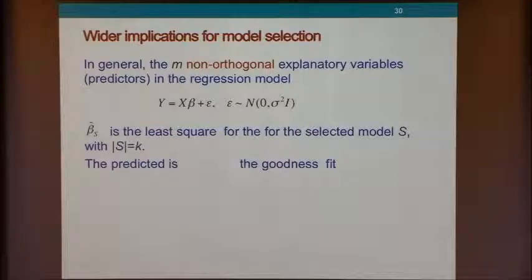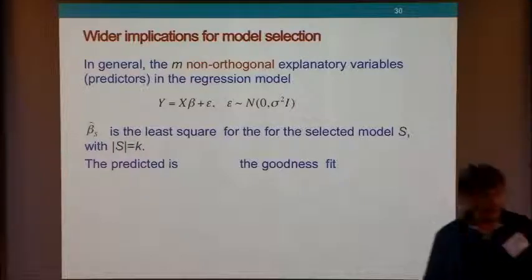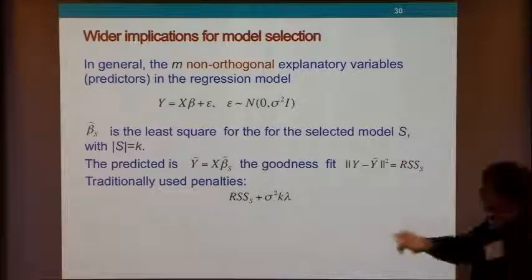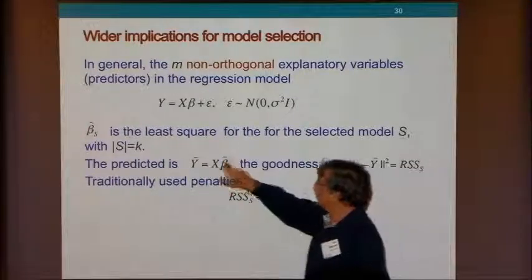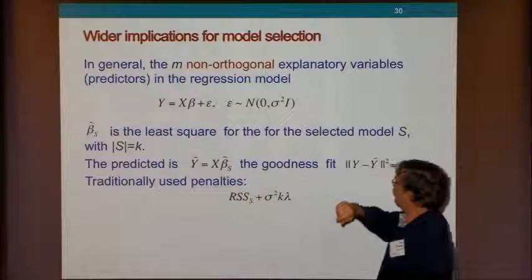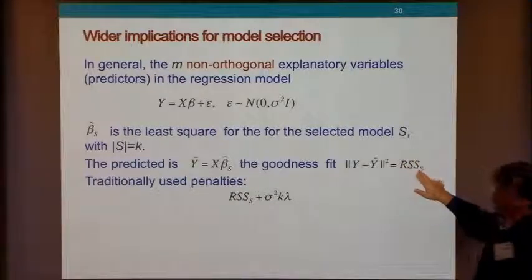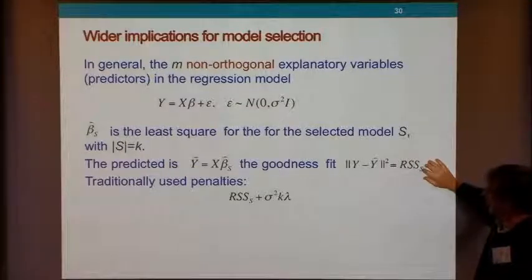A complicated model. And k will be the size of that. What I have is y hat, the predicted, given the estimator beta S. And the goodness of it is y minus y hat, which is the residual sum of squares for the selected model S. So this now depends on S.